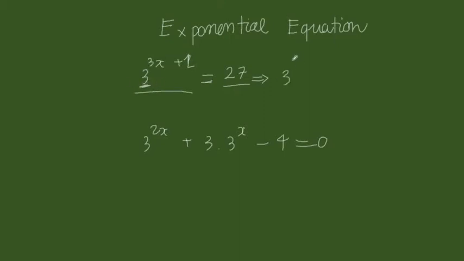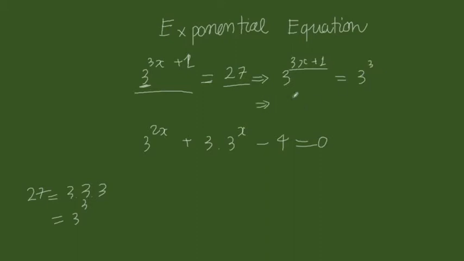So I will leave the left unchanged, and I have to change 27 into a power number with base 3. You may remember 27 equals 3 times 3 times 3, or another way to write it is 3 power 3. So I write 3 power 3. You get 3 power 3x plus 1 equal to 3 power 3.